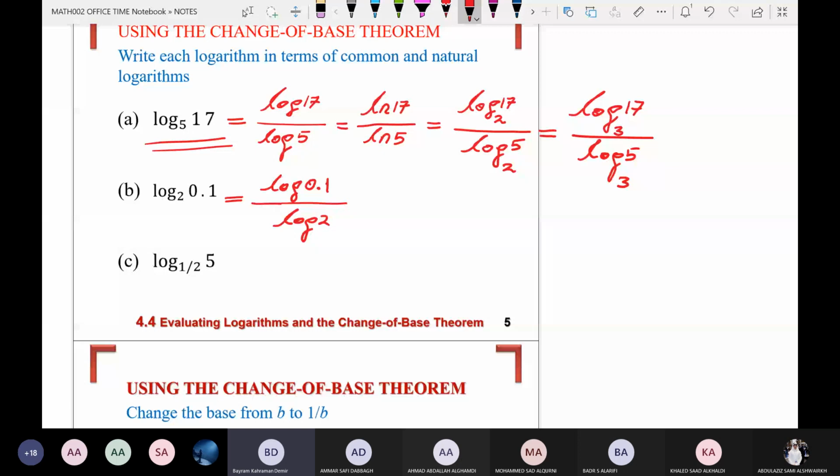So which is equal to logarithm of 0.1 with base 10 is, anybody knows that? Logarithm of 0.1 with base 10 is what? -1. Yes, -1 divided by logarithm of 2. You see?